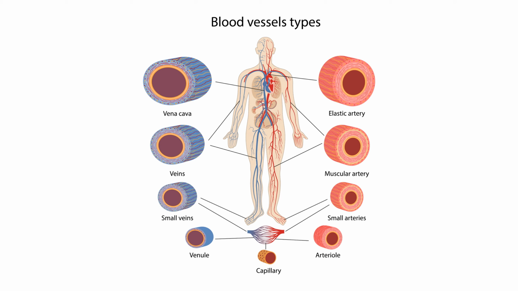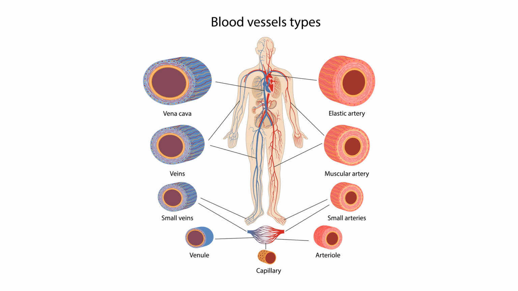Beta-2 adrenergic receptors from the sympathetic nervous system, under the influence of adrenaline or noradrenaline, cause vasodilatation. That means opening up of the arterioles. Alpha adrenergic receptors, under the influence of adrenaline or noradrenaline, cause vasoconstriction, that is, narrowing of the arterioles.